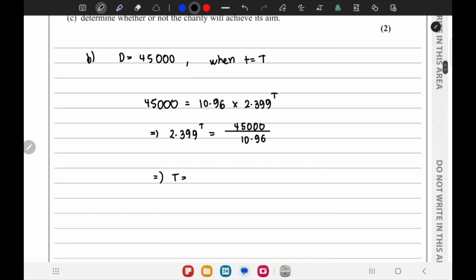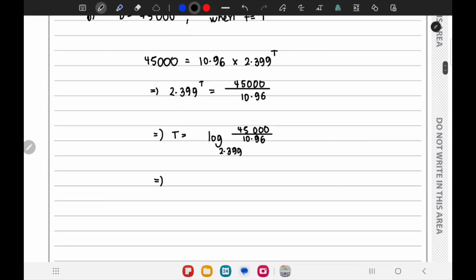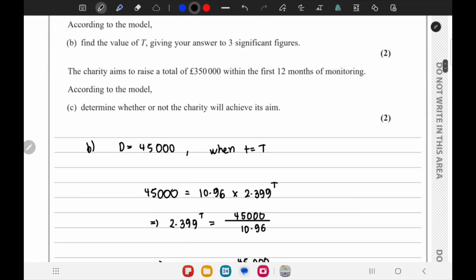So t will be log of 45,000 by 10.96 base 2.399. We need this value to 3 significant figures. This will be 9.51.